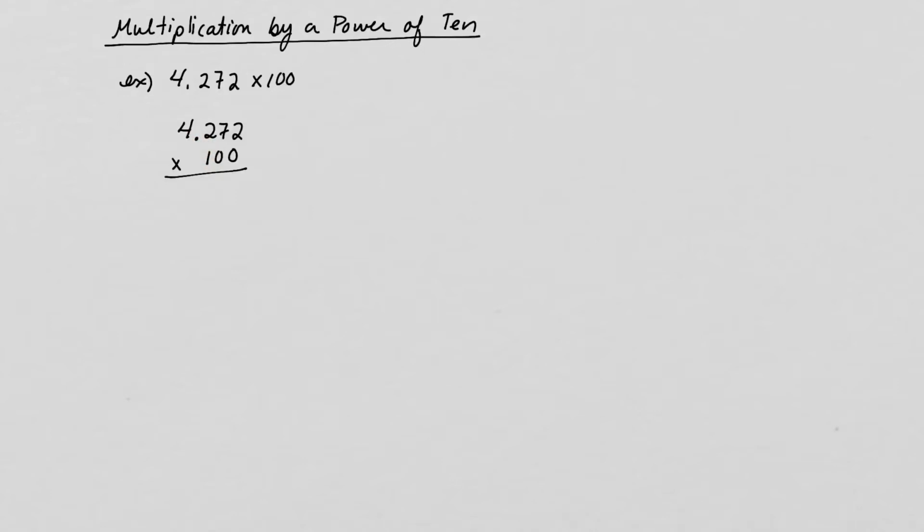So if we do that, if we look at this first 0, so 0 times 2 is 0, 0 times 7 is 0, 0 times 2 is 0, 0 times 4 is 0. If I look at this 0, so remember this is in the second place, so just like when you're multiplying whole numbers, we're going to move in one slot. So 0 times 2 is 0, 0 times 7 is 0, 0 times 2 is 0, 0 times 4 is 0.